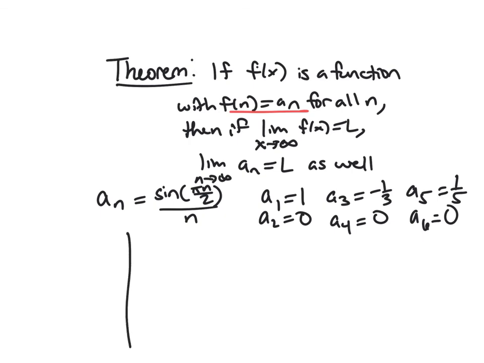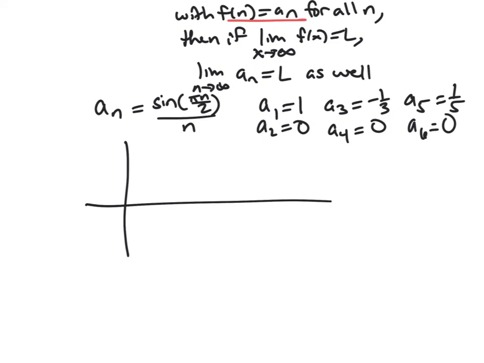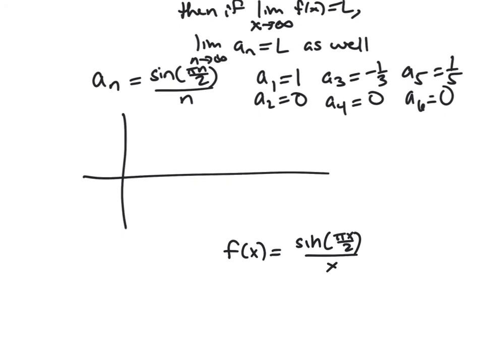But if we want to talk about the limit, it would be nice to just use tools we already have. When we see a trig function like this over n, this feels a lot like a squeeze theorem problem from Calc 1. So can we do that? Sure. You just let f(x) be sine of pi x over 2, over x, and then you can apply the squeeze theorem.